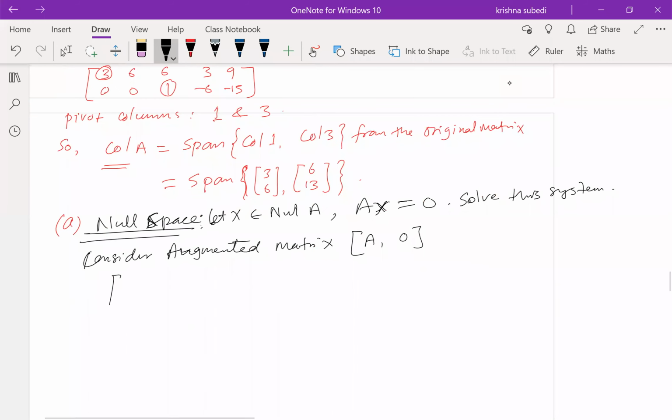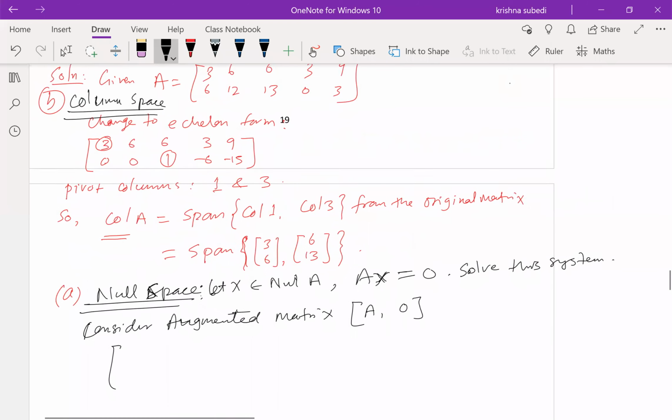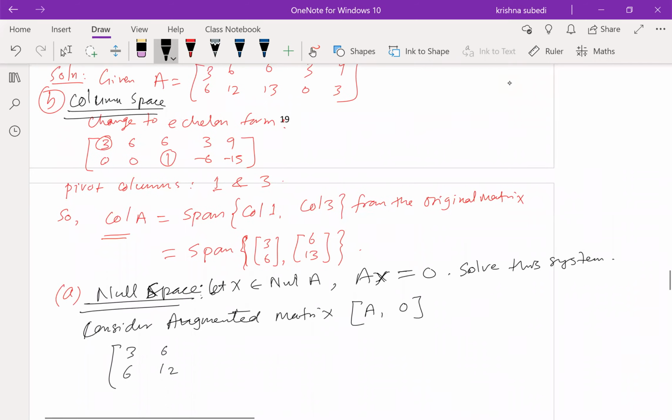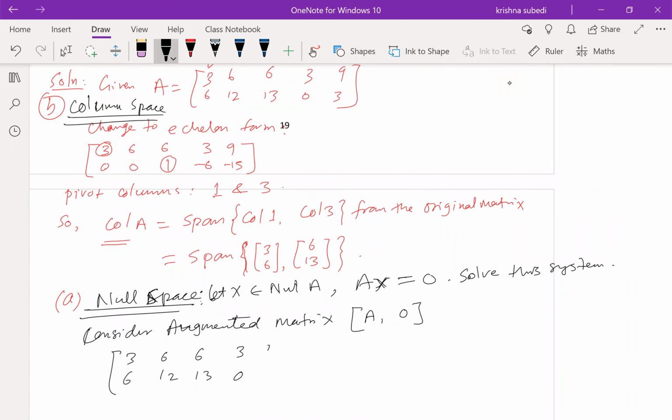And what is A? 3, 3, 6, 6, 12, 6, 13, 3, 0, and 9, 3, 0, 0.